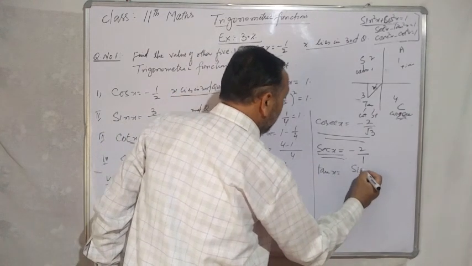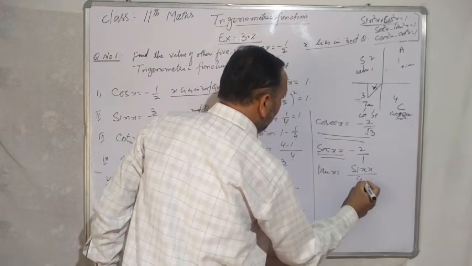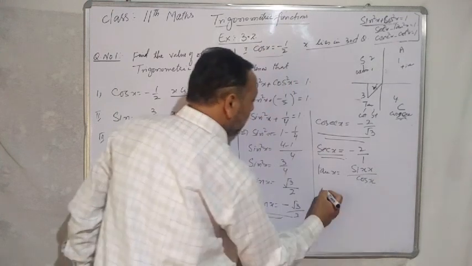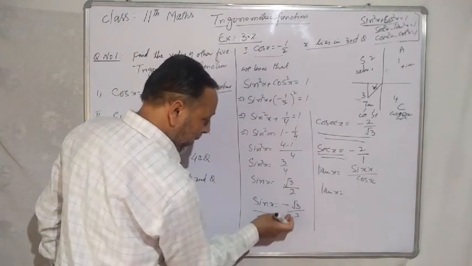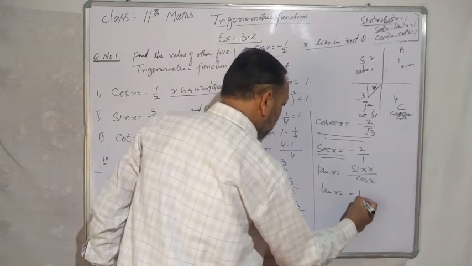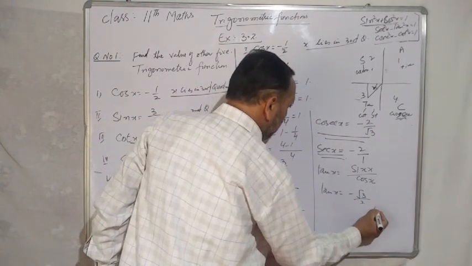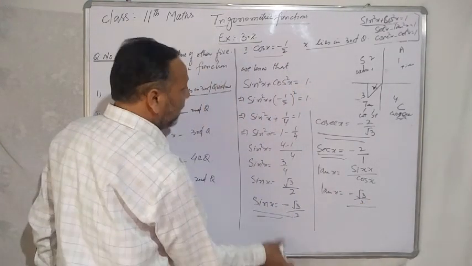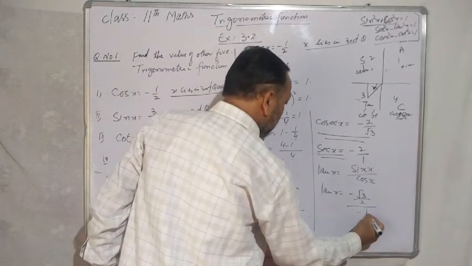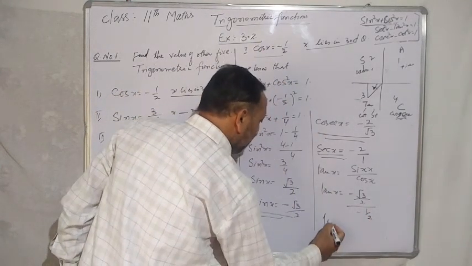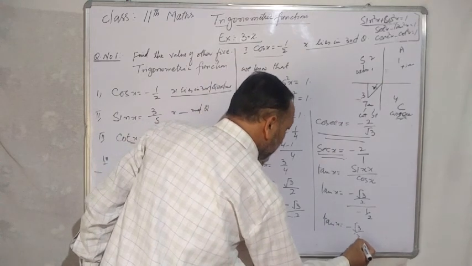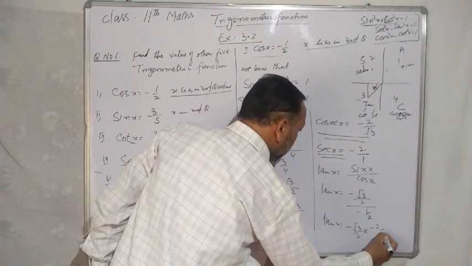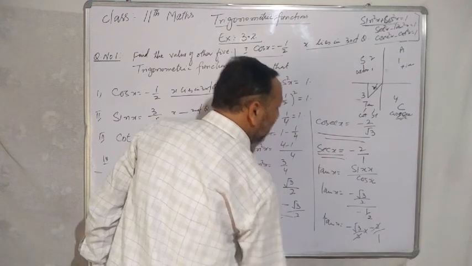Now tan x. Tan x we know is sin x divided by cos x. That means tan x is equal to sin x, minus root 3 by 2, divided by cos x, minus 1 by 2. It means tan x is equal to minus root 3 by 2 into minus 2 by 1. 2 and 2 cancel.